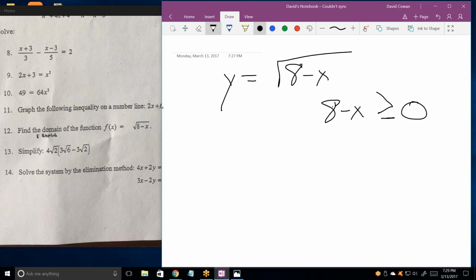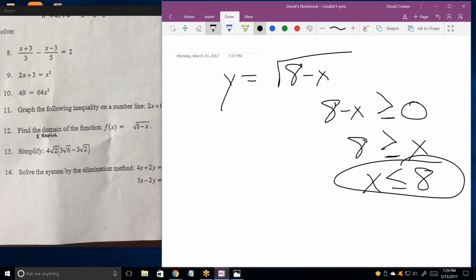Okay. So when I solve this, I get 8 is greater than or equal to x, which means x has to be less than or equal to 8. So that's my domain. Have they taught you interval notation?